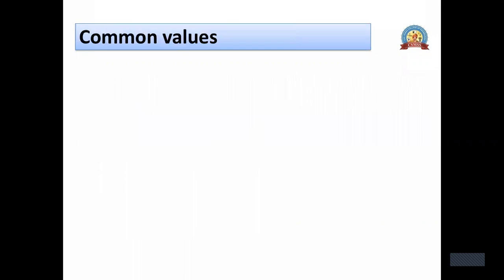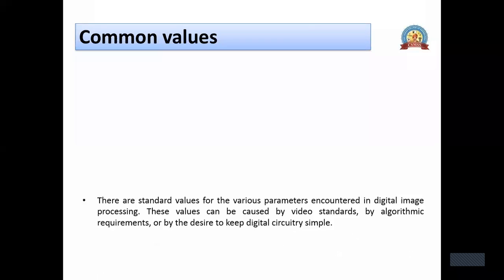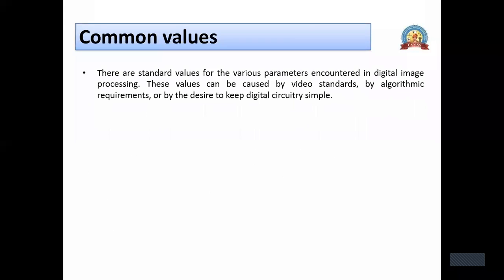Now let's see the common values involved in images. These common values exist to make images standardized, whether for video standards or for different algorithm requirements like fast Fourier transforms.